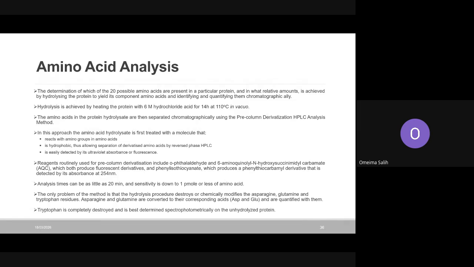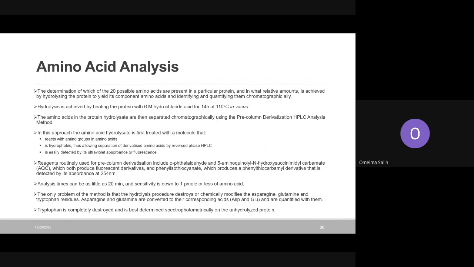So usually the amino acids will hydrolyze, and then you can separate them by chromatography. You can use HPLC, which is high performance or high pressure liquid chromatography, and we are going to speak about it. Knowing the type of amino acids is the first step for studying a protein. Then you can study the sequence of these amino acids.